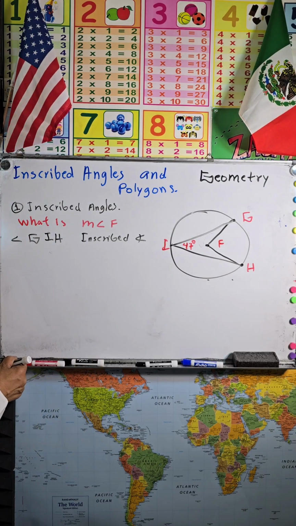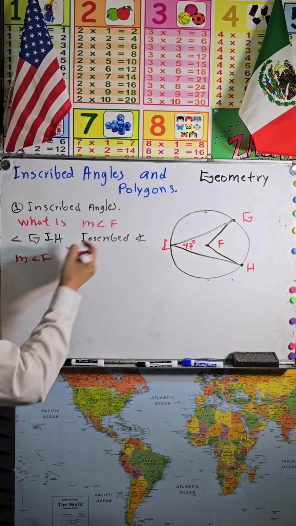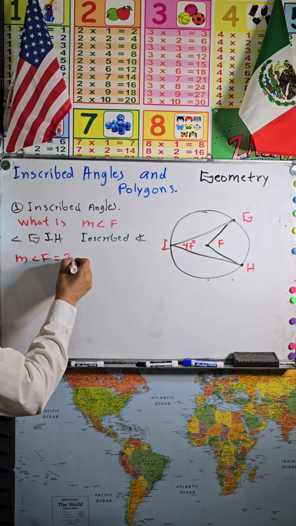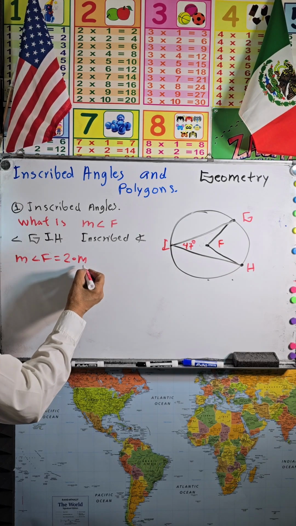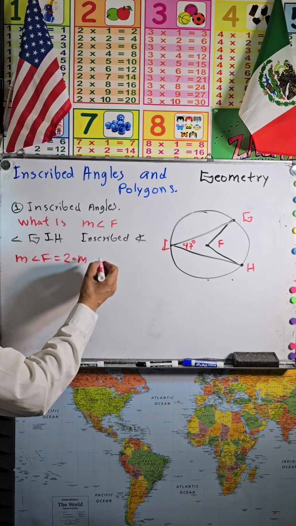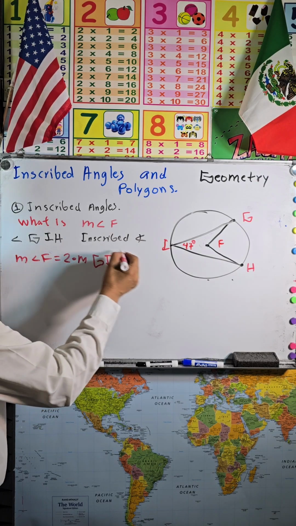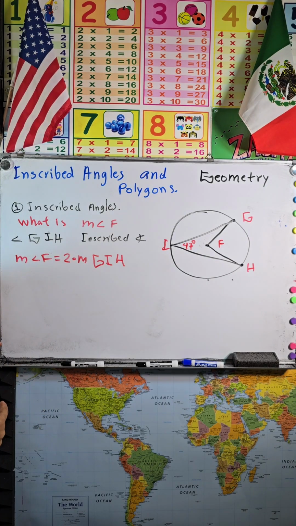So then let's write the measure of angle F, because I'm looking for it, equals, remember the formula I gave you, the measure of angle GIH, this one, all right?